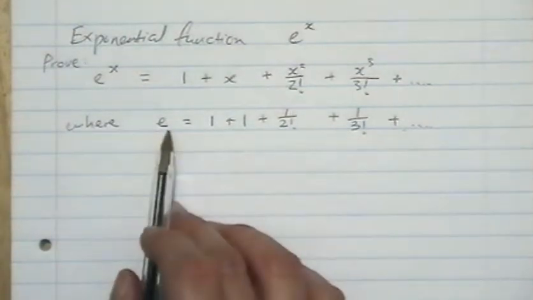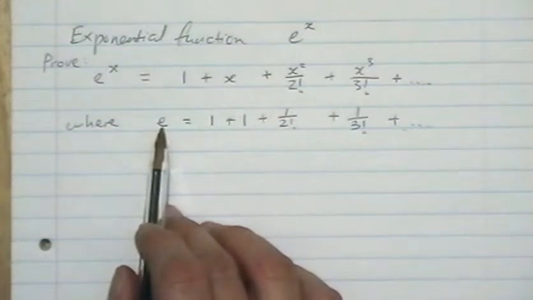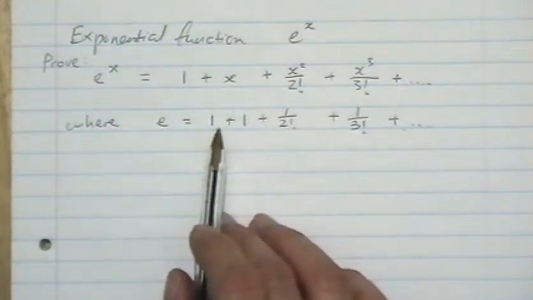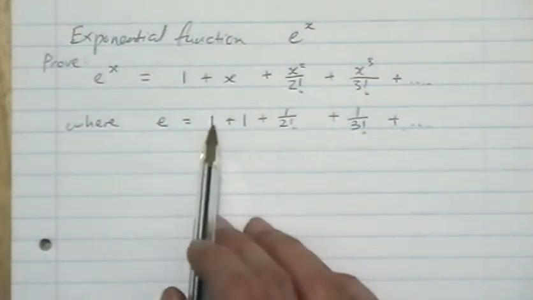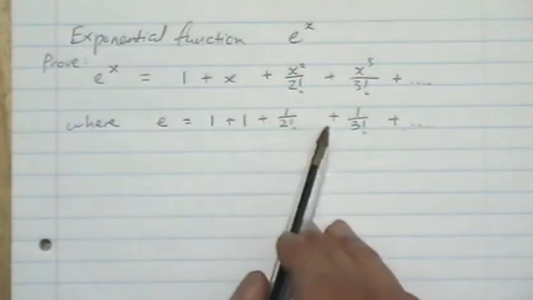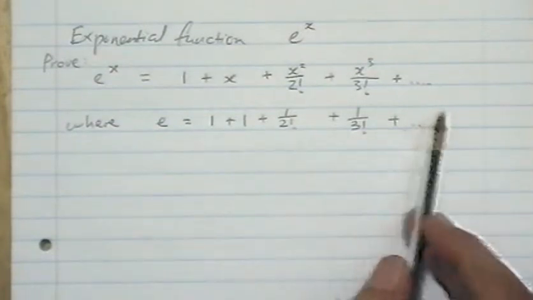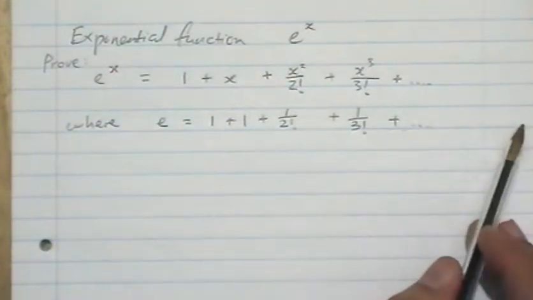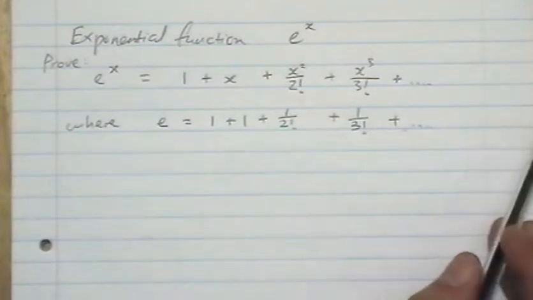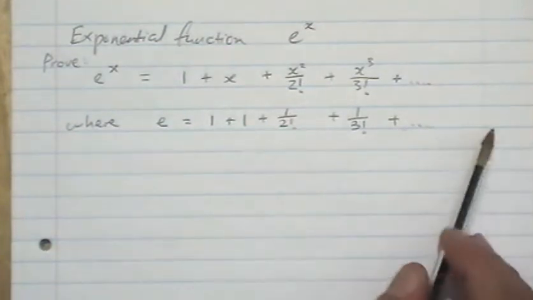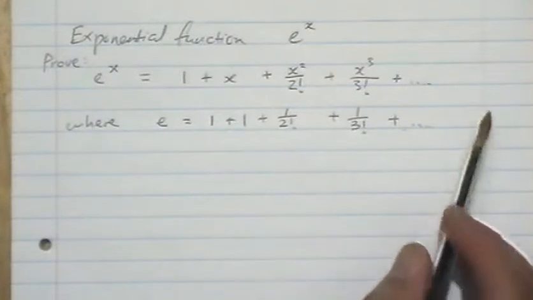This number e can be obtained if we start adding up these terms one by one using a calculator or a computer. Of course, we cannot go on adding forever because the terms keep going until infinity.